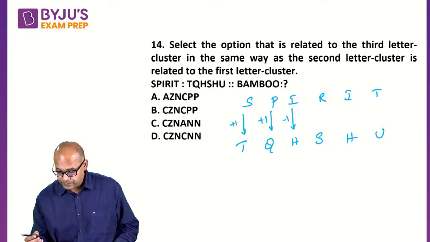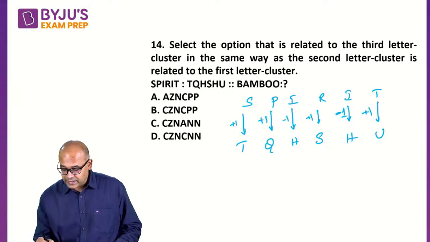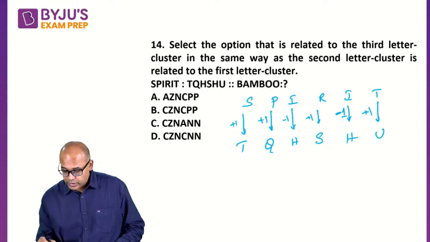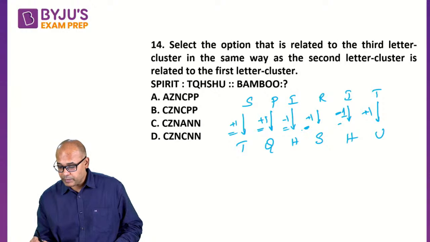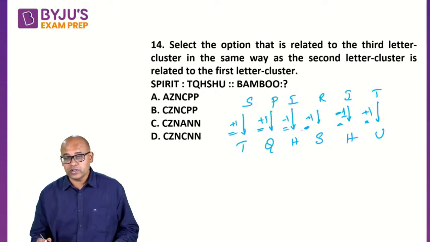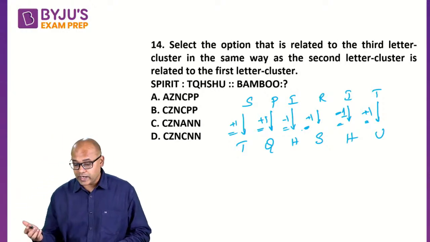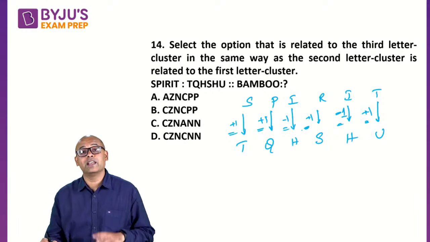Then R, S, this is plus 1, H again minus 1, and then T, U plus 1. So you have S, T, P, Q, so these two are plus 1s, after that you have a minus 1, then plus 1, minus 1, and then plus 1. So that is the same logic with which you are supposed to look at the next word.